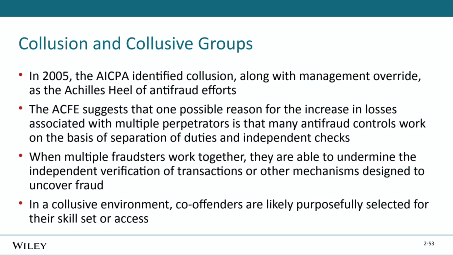So the ACFE, the Association of Certified Fraud Examiners, suggests that one possible reason for the increase in losses associated with multiple perpetrators is that many anti-fraud controls work on the basis of separation of duties and independent checks. So you get the independent checker in on it, and suddenly the fraud has nothing to stop it.